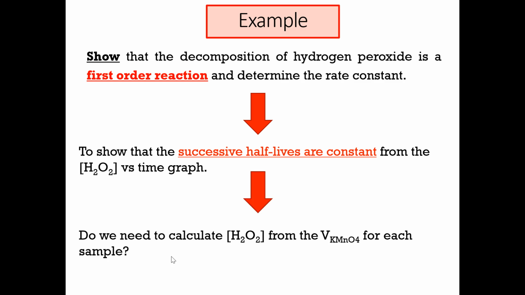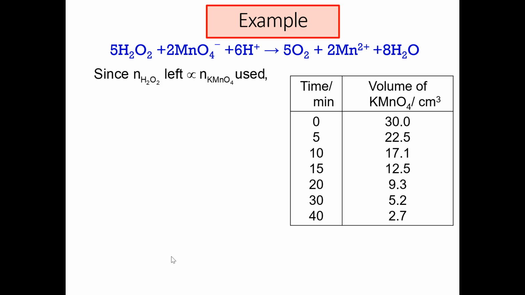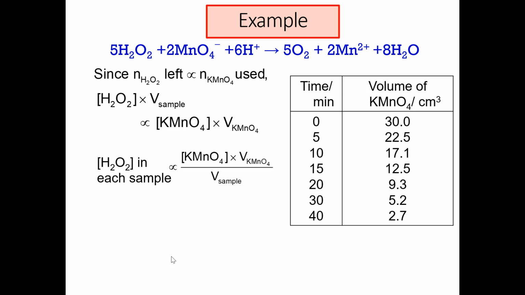So do we need to calculate the concentration of H2O2 from the volume of KMnO4 for every sample so that you can plot? Actually, we don't have to, because the number of mole of H2O2 left is directly proportional to the number of mole of KMnO4 used to titrate against it. So then that means the concentration is directly proportional to this. The concentration of KMnO4 in the volume of sample is never changing, and therefore the volume of KMnO4 used is representative of the concentration of H2O2.